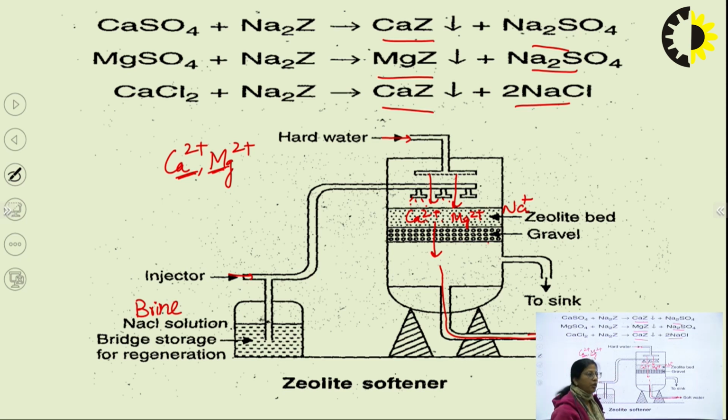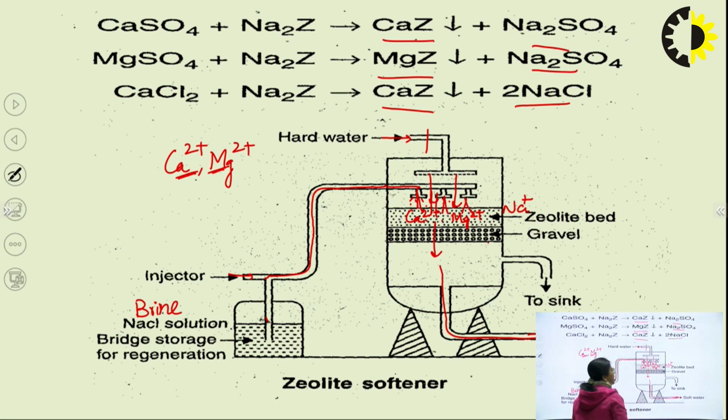For the regeneration, we utilize this saturated solution of NaCl. We stop the flow of hard water, and now we start the flow of brine through the injector and start spraying the brine solution.